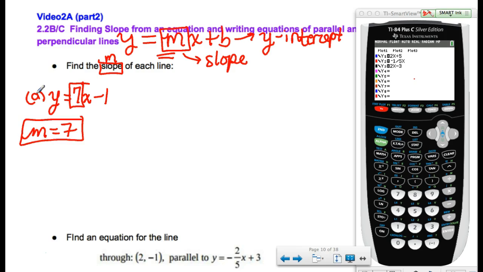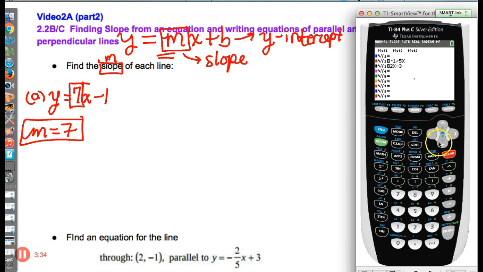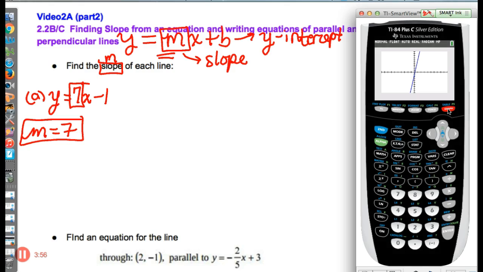What does that mean about the line? It's going to be super steep. It's going to be going uphill because that slope is positive. And it's going to hit the y-axis at negative 1. And there it is, coming through, super steep, hitting the y-axis down here at negative 1, and the slope is 7.